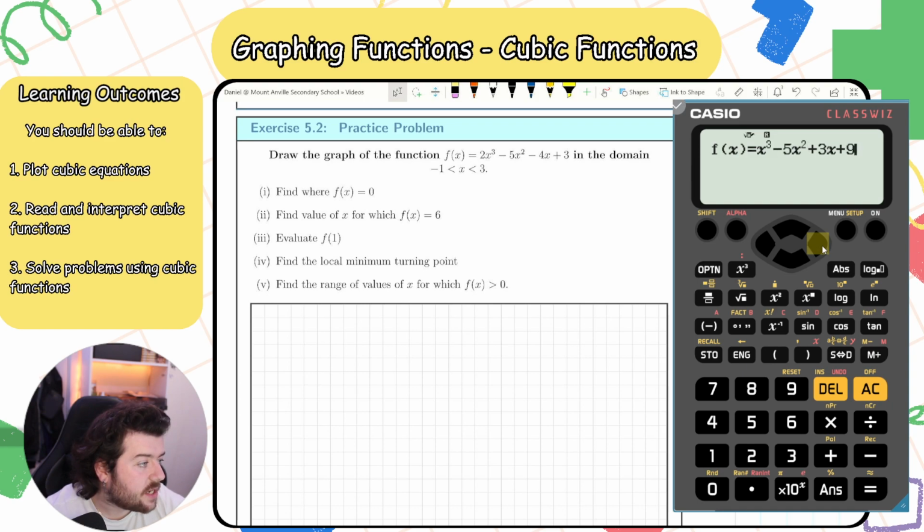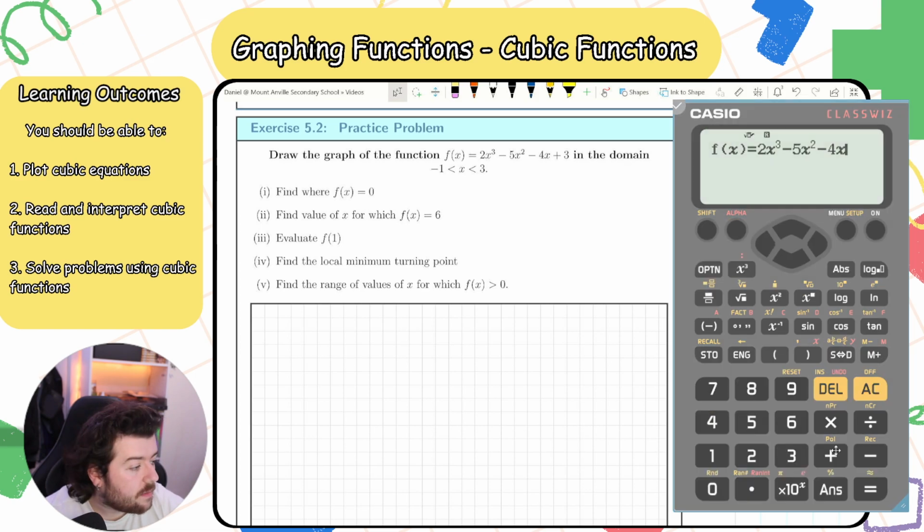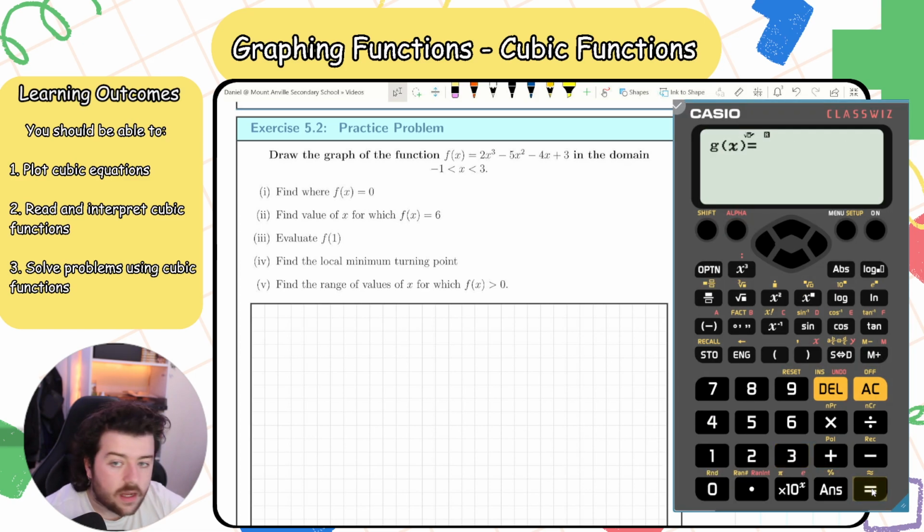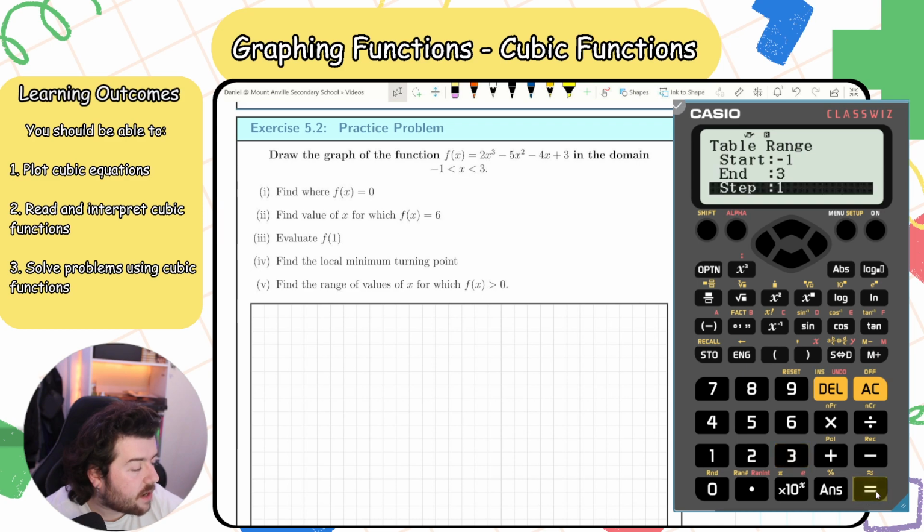So my function is going to be equal to 2x cubed minus 5x squared minus 4x plus 3. So I'm starting at minus 1, ending at 3, and I'm going to go up in ones.